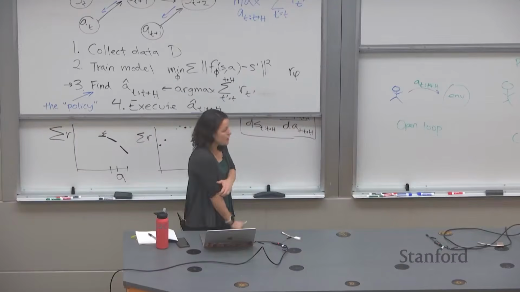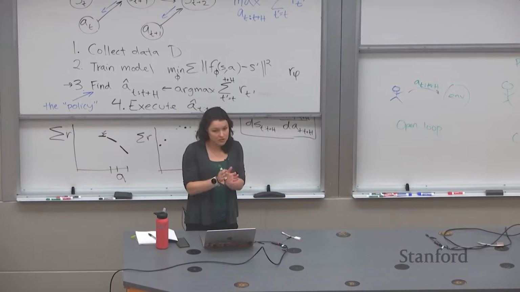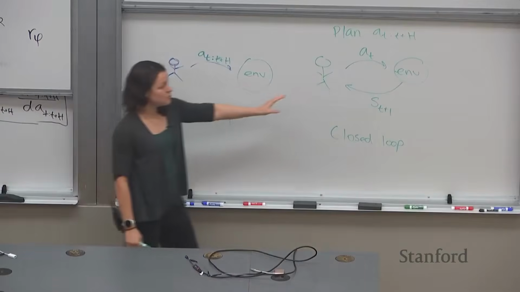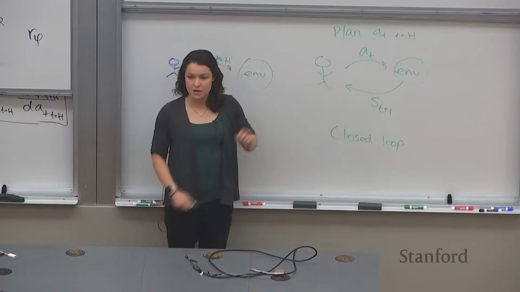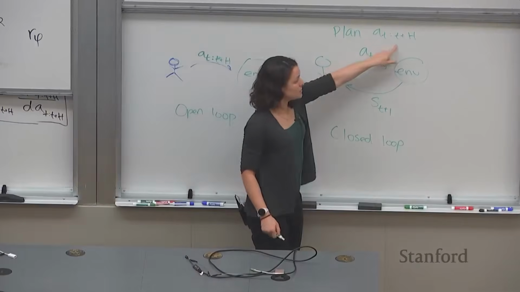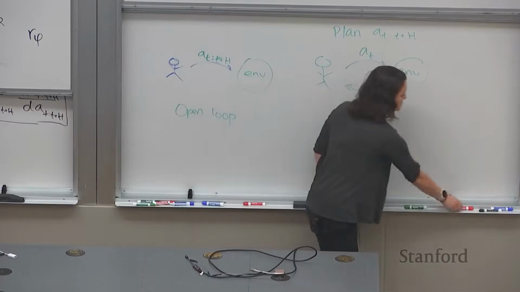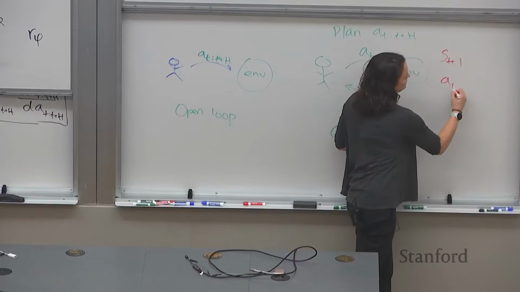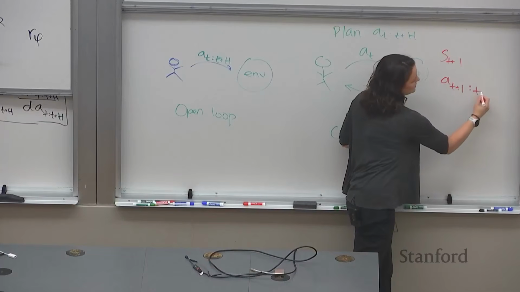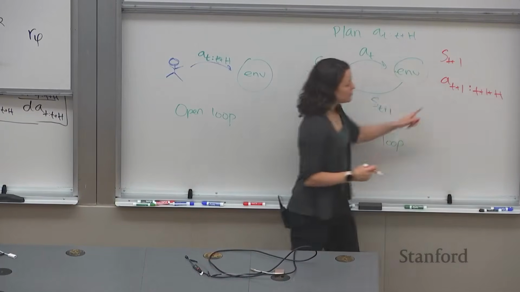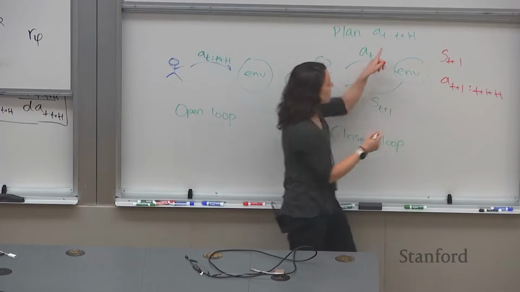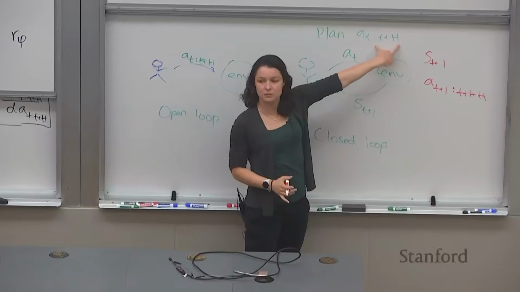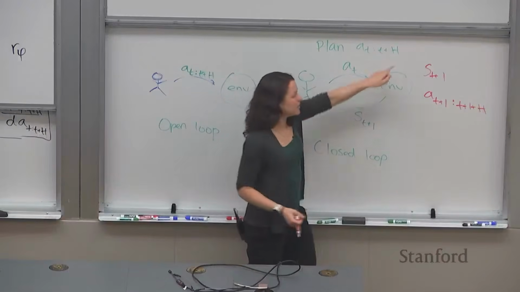The other way to accommodate this, and also address computational challenges, is that you can warm start your plan for any given time step with the plan from the previous time step. So if you had planned AT to AT plus H, and at the next time step you are planning based off of ST plus 1, you're planning AT plus 1 to T plus 1 plus H. Then you can warm start this using everything but the first time step of the previous plan, and then randomly initialize the last action.